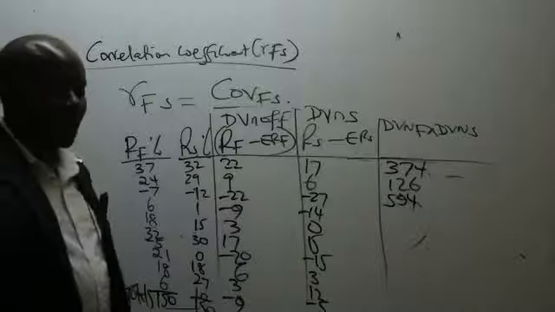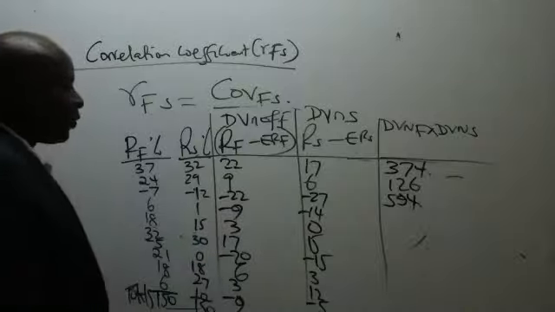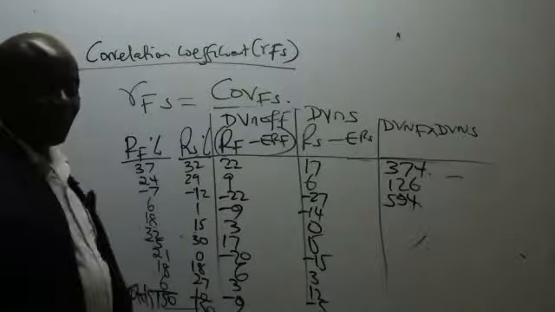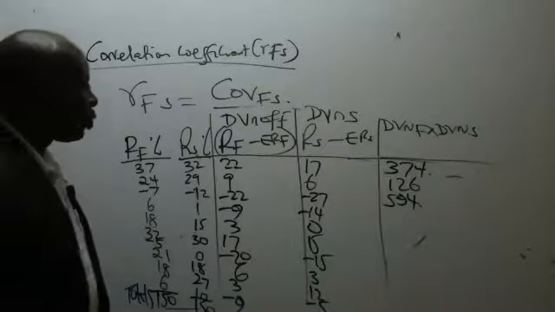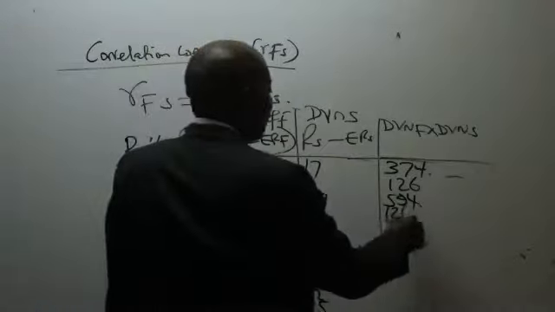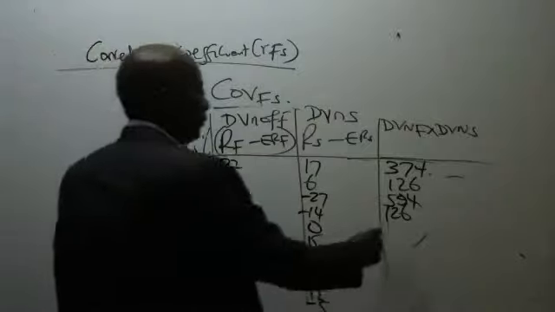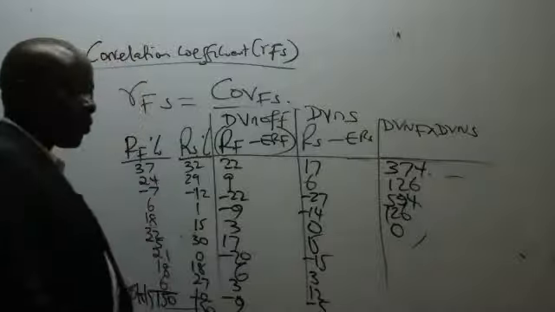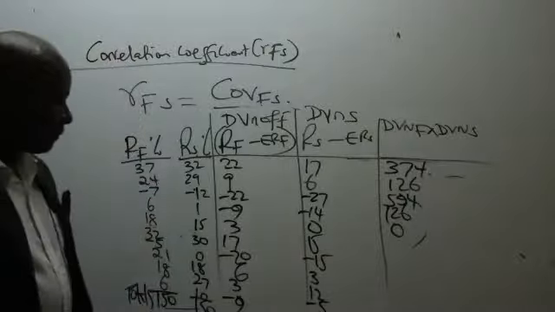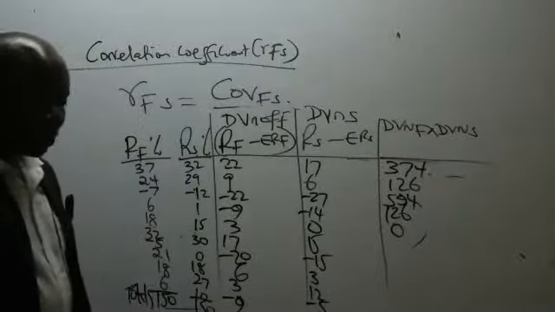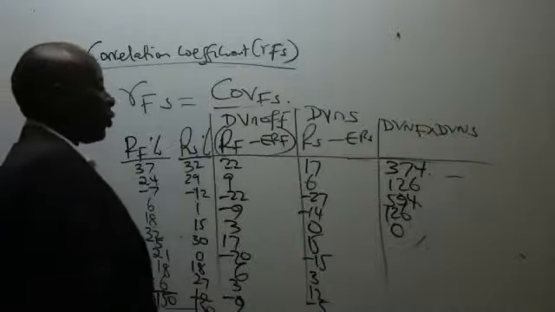The fourth one is positive. The fourth one I'm being told is 126. The fifth one, I'm quite cognizant of that, is 0. The sixth one, 255.